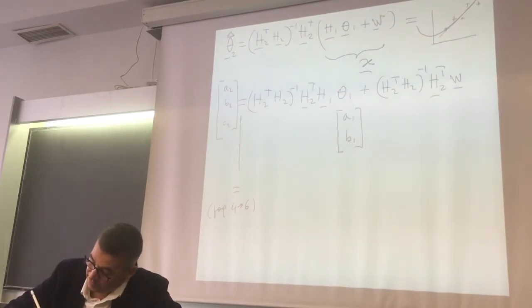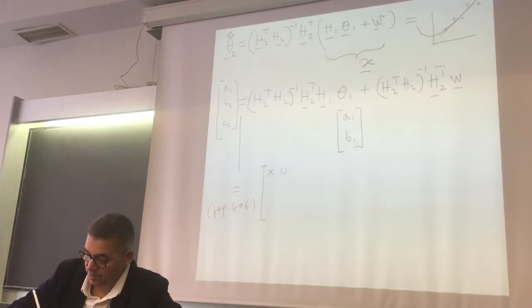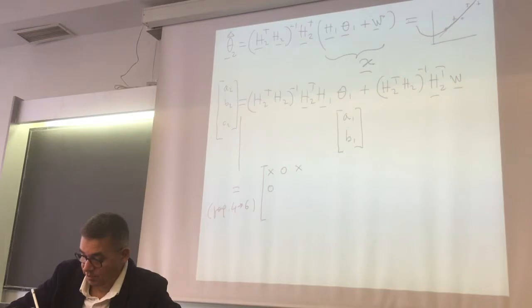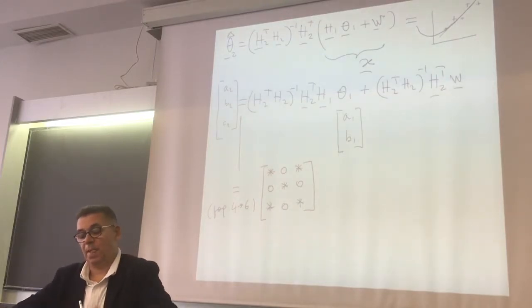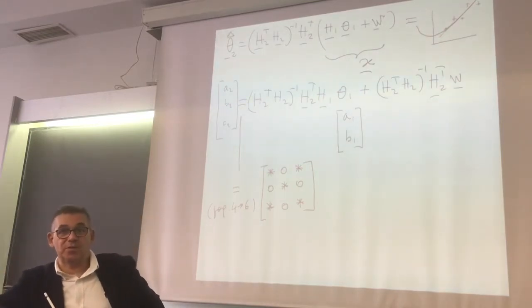So this is equal to, and let me make it very simple, a term that is different from 0, then 0, then a term different from 0, 0, then a term different from 0 and different from 0. Every time I write this star, the term is different from 0. The numerical value is the one from 2 pages before.